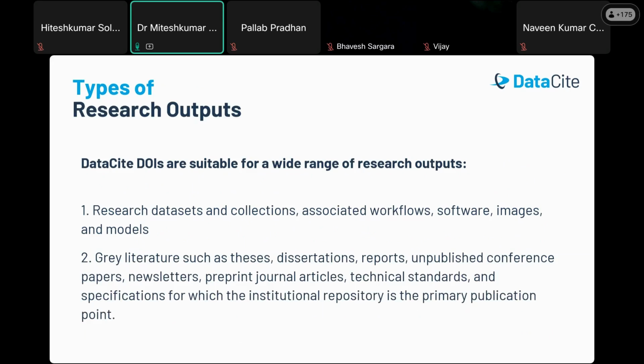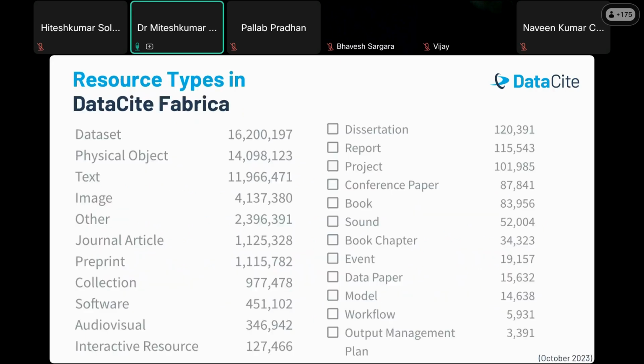DataCite Fabrica is one of the portals that helps us understand how DOIs can be managed with DataCite. These are the statistics as of October 23.